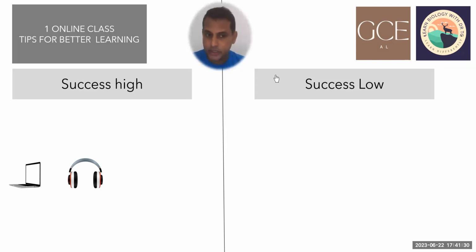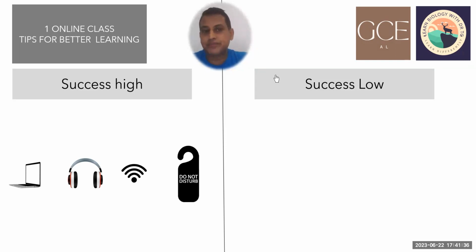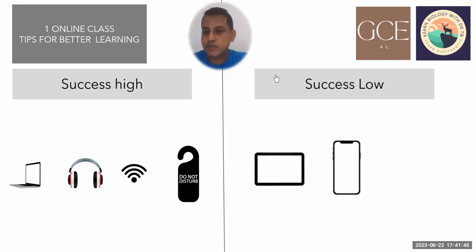To get it better, you need headphones or earphones, and you should have good Wi-Fi and no disturbance from the surroundings. Success is low if you use a mobile phone or tab, because the screen is smaller and you can't do much, and poor quality Wi-Fi.